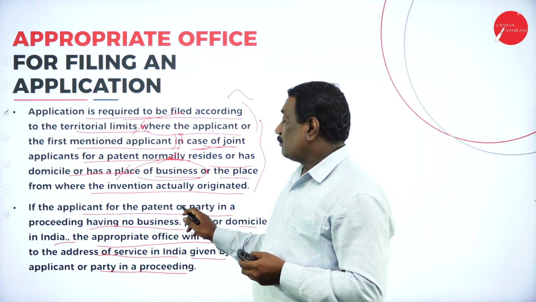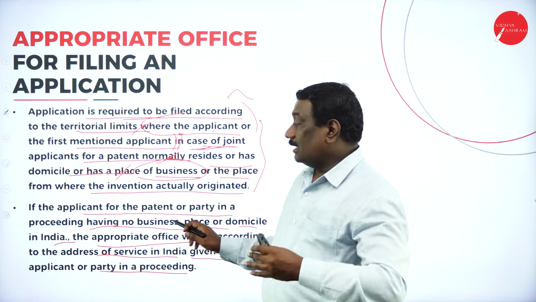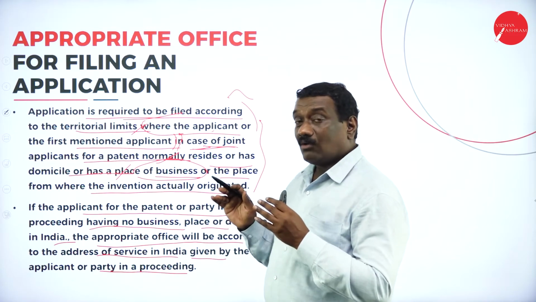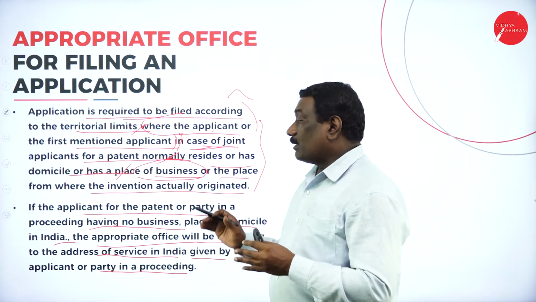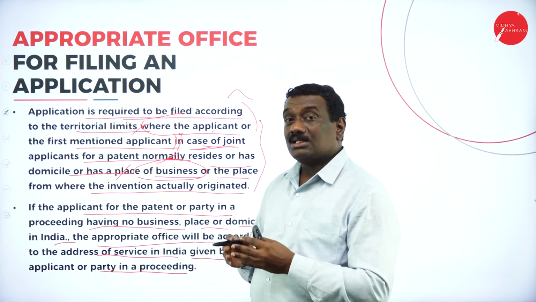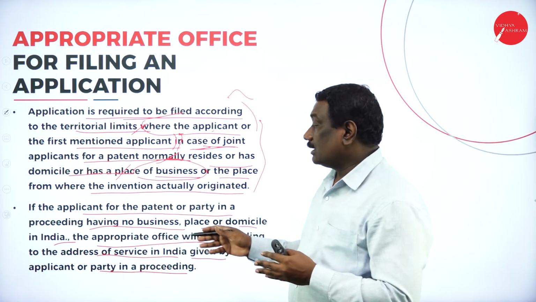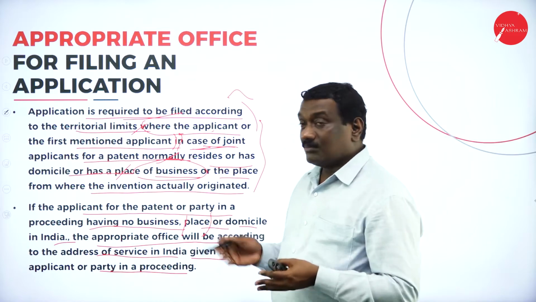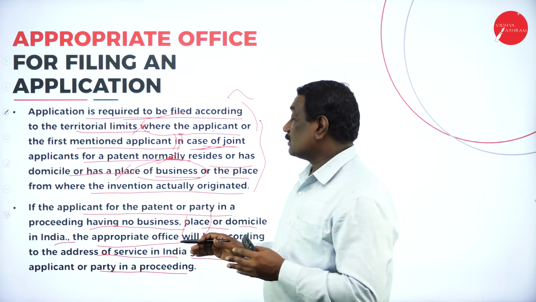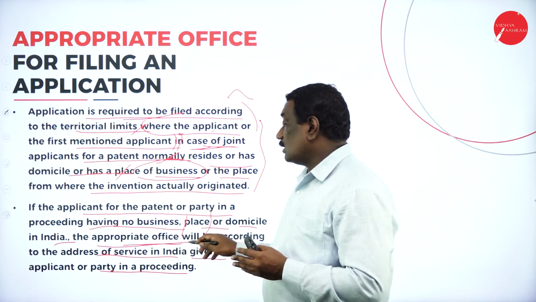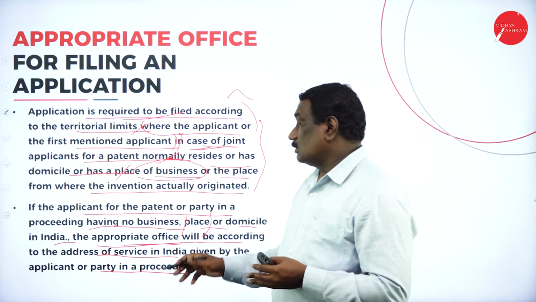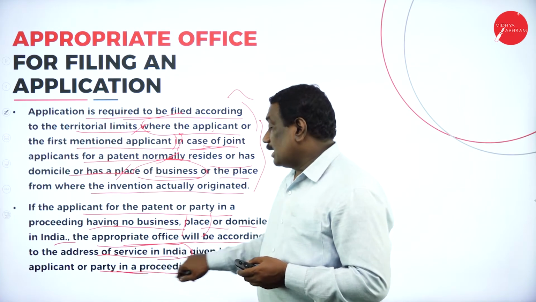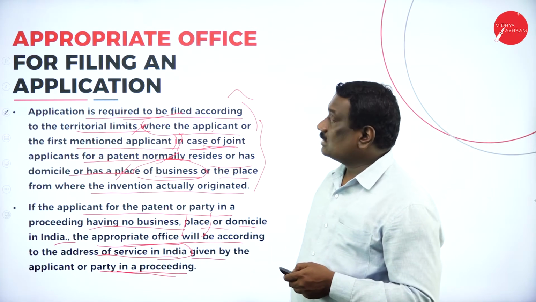So those persons who have applied for the patent rights but do not have any business, place or domicile in India need to go to the appropriate office according to the address for service in India given by the applicant or the party in the proceeding.